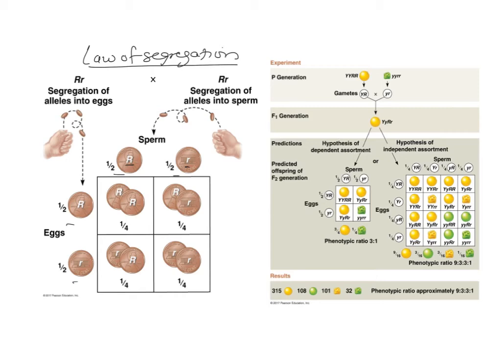Now, the other law that was based on his work was the law of independent assortment.